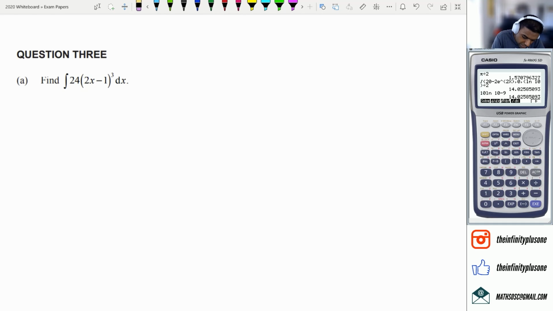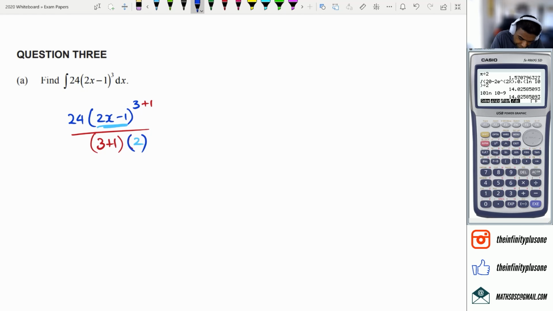So doing reverse, basically write the function as it is, but we're going to add 1 to the power. So that means it's going to be plus 1. Divide by the new power, which is 3 plus 1. And also divide by the differentiation of whatever's inside the bracket. In this case, it's going to be 2.